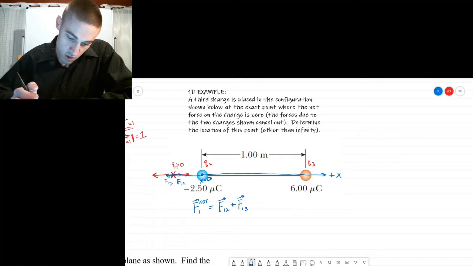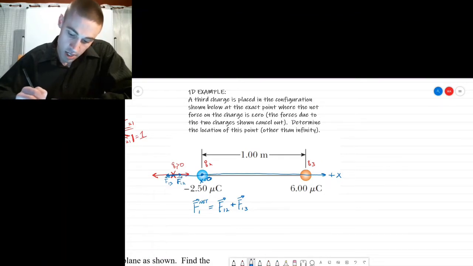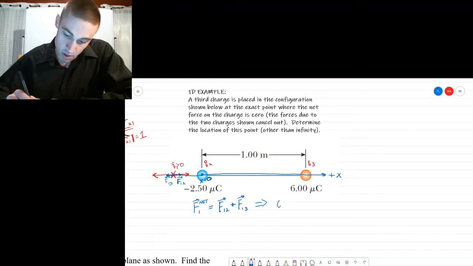So if I just look at the magnitude of the forces, well, the net force on Q1 has to be 0. We're told that in the statement of the problem.